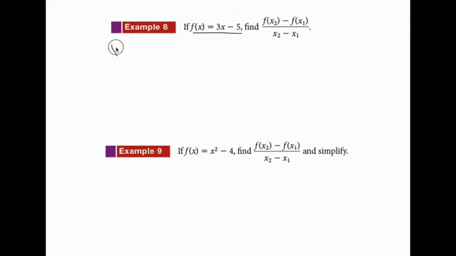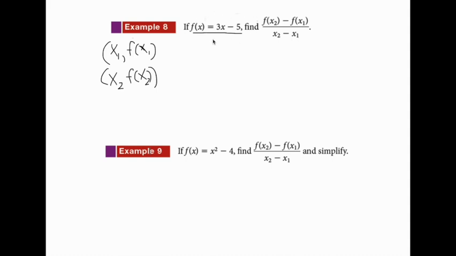So I have the first point as x1, and then f of x1. Then I have my second point as x2, and then f of x2. We are going to take f of x2 minus f of x1 and divide by x2 minus x1.